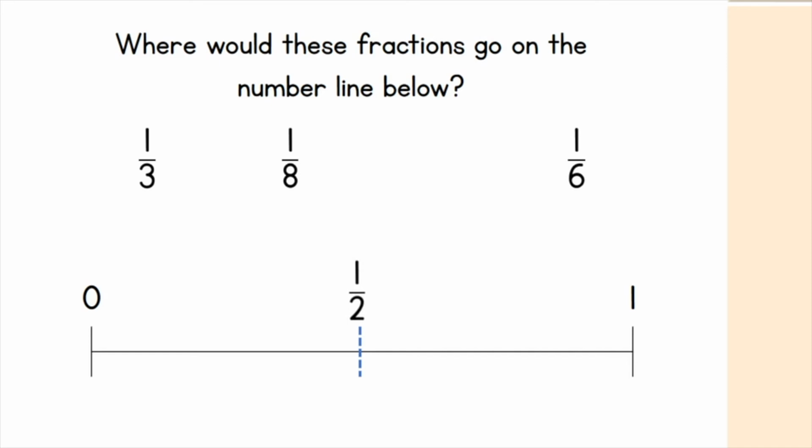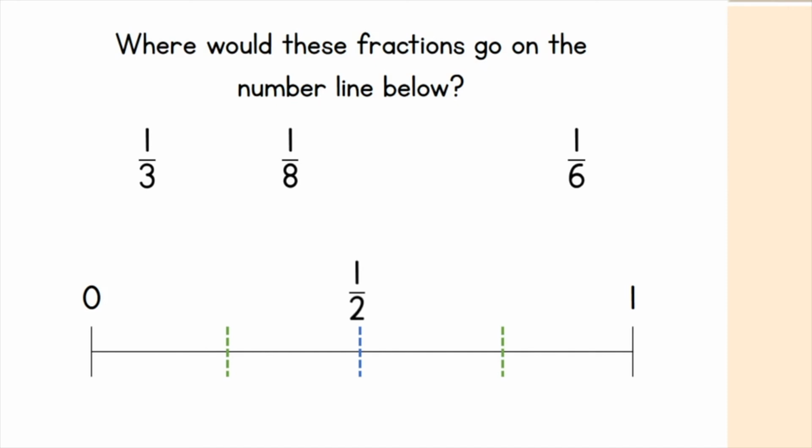Now where should we go? Well, if we think about 2 equal pieces, and we divided each of those 2 equal pieces in half, what would we end up with? That's right. We'd end up with quarters, 4 equal pieces. The only problem is we don't have any fractions with a denominator of 4.